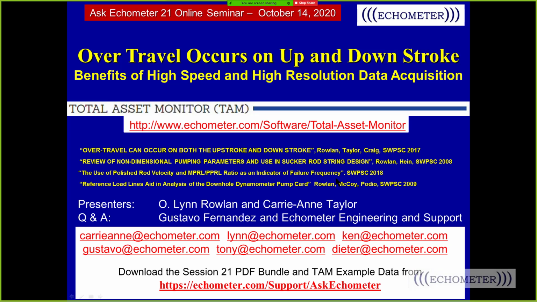And then this paper here talks a little bit about over travel, but it talks more about the idea that the peak load and the minimum load, the load range, the farther apart the load range is on a surface dynamometer card, you typically can have a higher failure rate. That's based on some data, 6,000 wells in this paper right here. So there's several different things we'll talk about during the presentation.